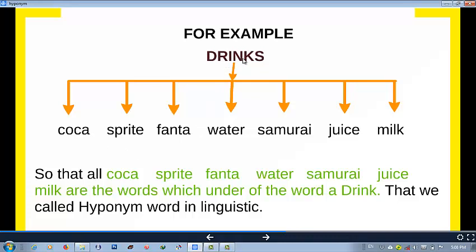This means that the word is a general word that links to all the words in the cluster.